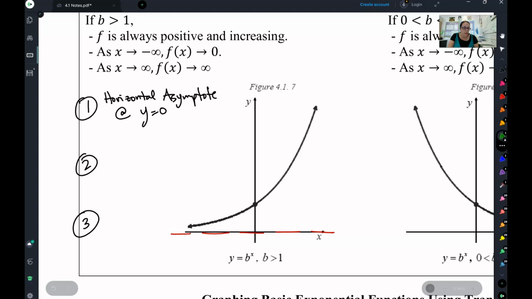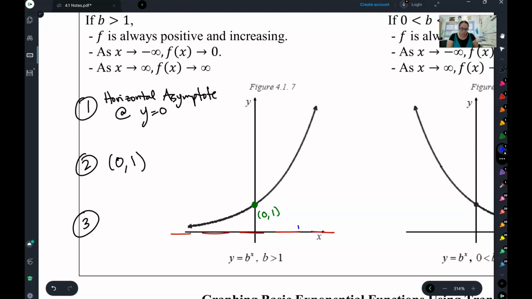Second really important thing for an exponential graph is this point, the y-intercept that every single exponential graph will have in common. And that point is 0, 1. And the reason they all have this in common is anything to the 0 power is 1.